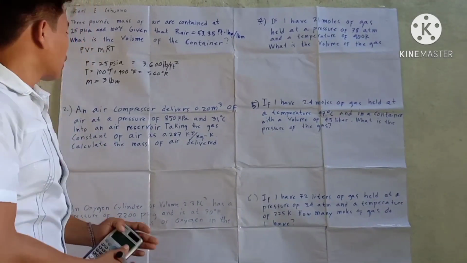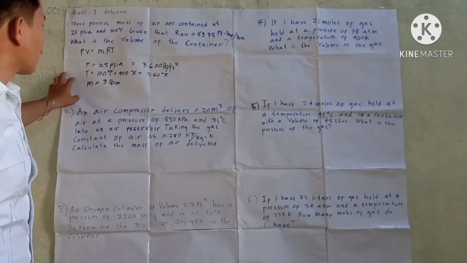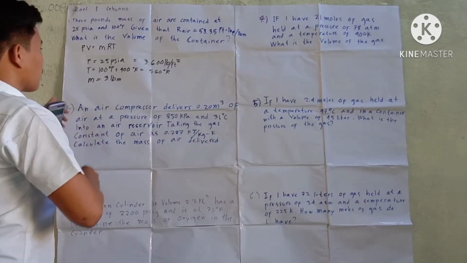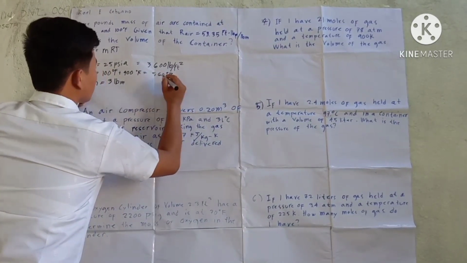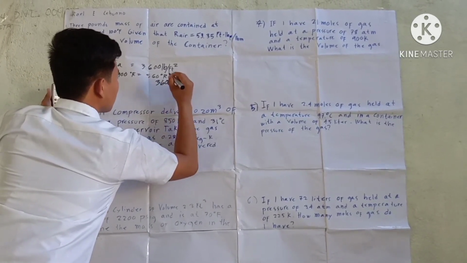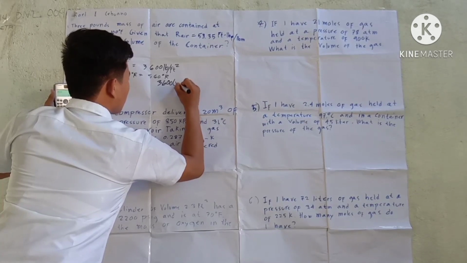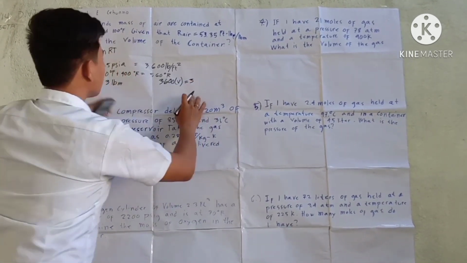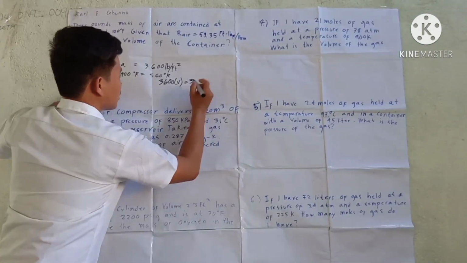So we need to compute that by using the formula of PV equals mRT. So 3,600 times volume equals 3. Value of mass is 3.